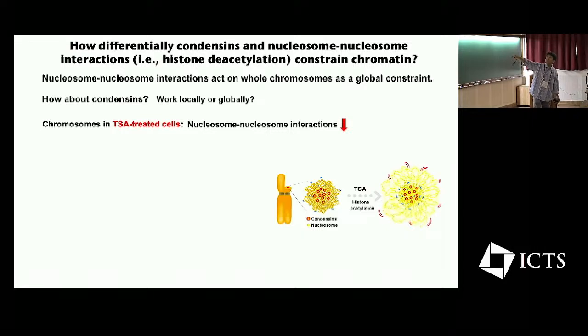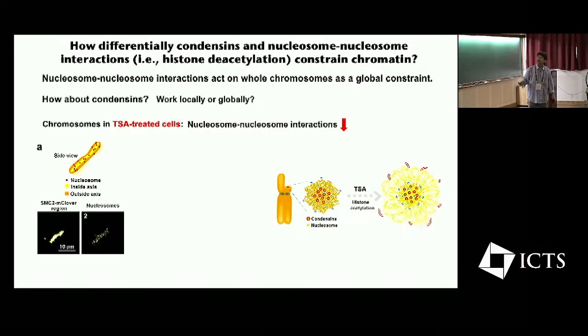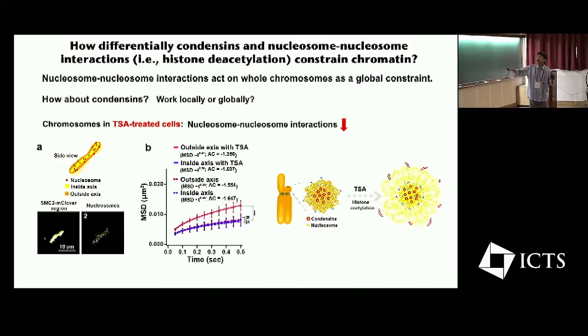To address this question, we looked at the chromosomes in TSA-treated cells. In this situation, nucleosome-nucleosome interaction is weakened, so the condensin effect must be more prominent. We extracted nucleosome information from our imaging data, measured nucleosome motion outside the axis, and compared it with nucleosome motion inside the axis.